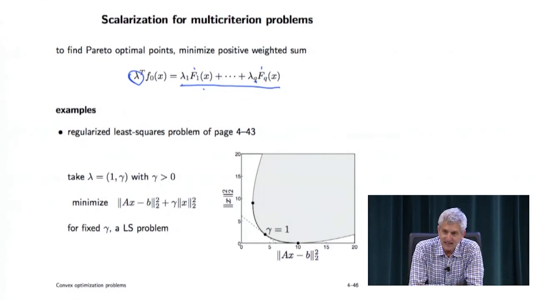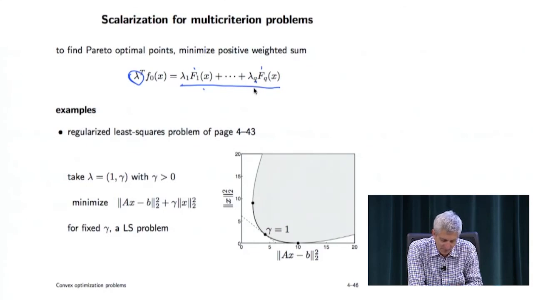If the first one were dollars, lambda 1 would be 1. If FQ is in kilowatt hours, lambda Q has a beautiful interpretation: it's a price, in dollars per kilowatt hour. If you want to include the physical units in the lambdas, you're welcome to too. But it's whatever has to happen so that you can add these up and put them on the same scale.